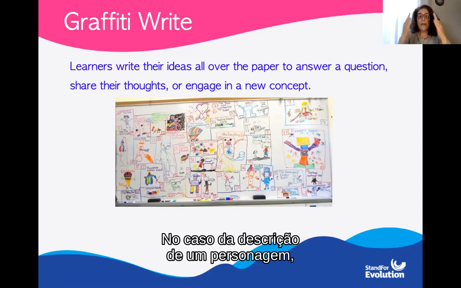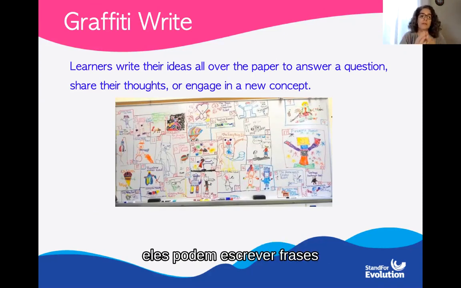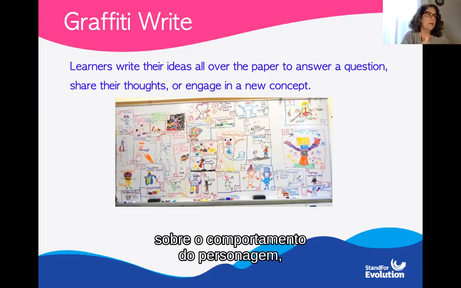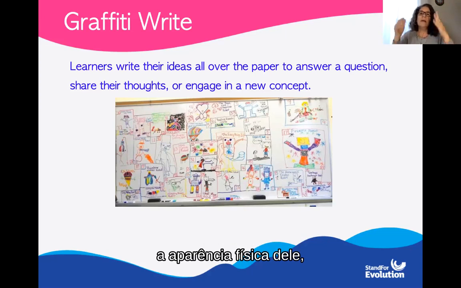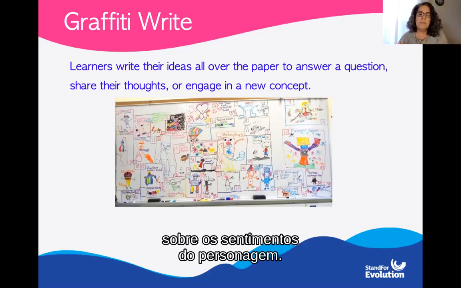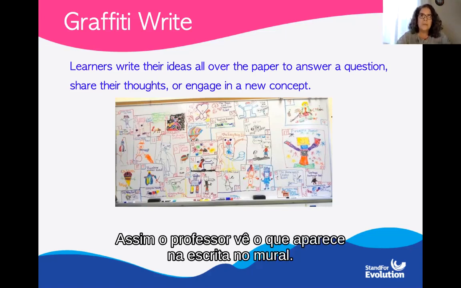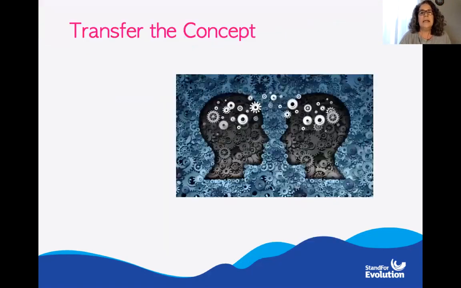So in the case of the character description, they might be invited to write sentences regarding the character's, I don't know, behavior, and the character's physical appearance, and others writing about the character's feelings. So the teacher will see what comes up, right, through the graffiti writing.